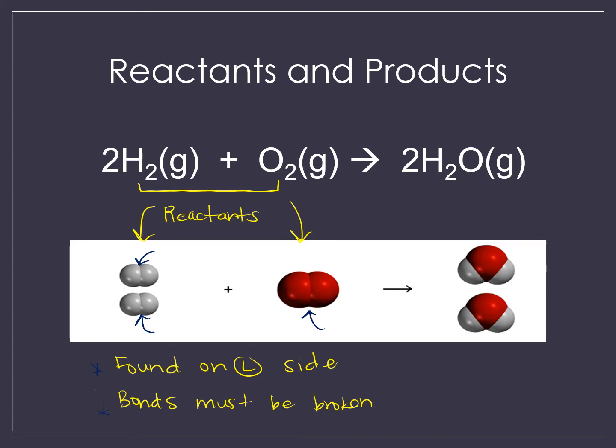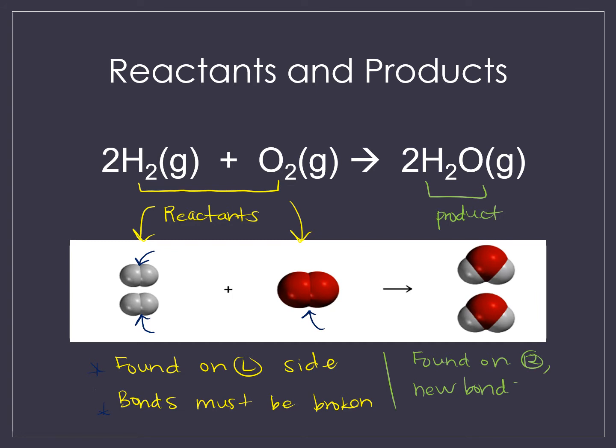Now we're going to fill in our definition for products. So your product, I only have one in this case. Let's go ahead and label that our product. And we're going to do the opposite side here. Our products are found on the right. Again, we're referring to the right-hand side of the arrow. We're also going to write down that our products are a result of new bonds being formed.